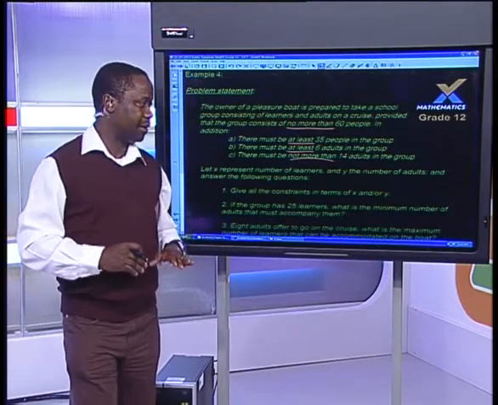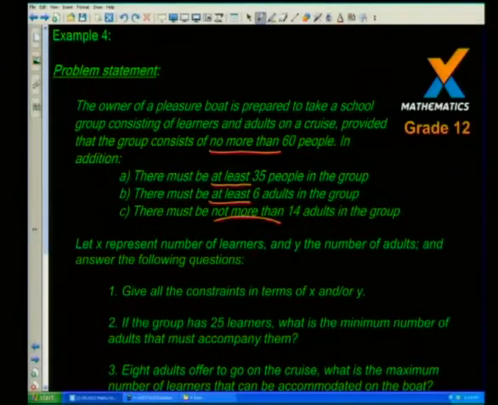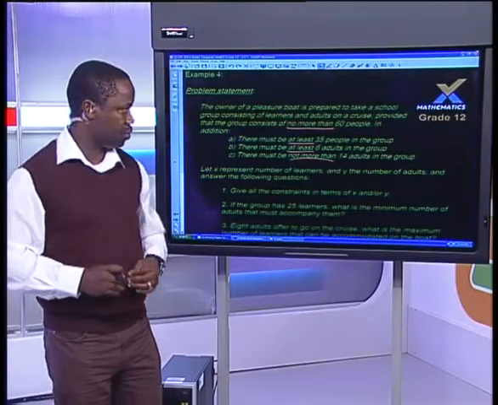And here we're given, let me just read further. Let X represent the number of learners and Y the number of adults, and answer the following questions. So you're going to give us the constraints in terms of X and Y. Let's begin with the constraints. This is more of a leading question because it takes us through steps, building up into what we want to do.